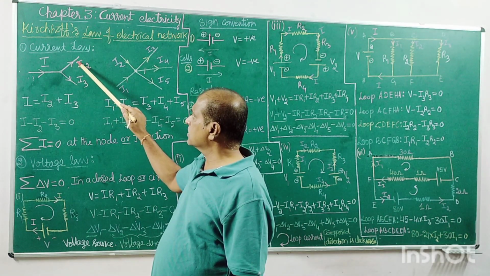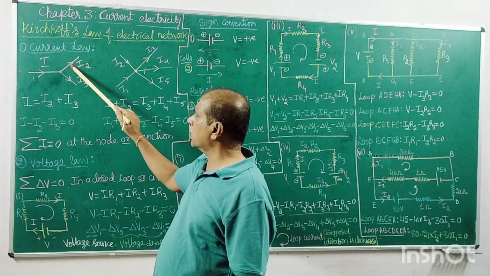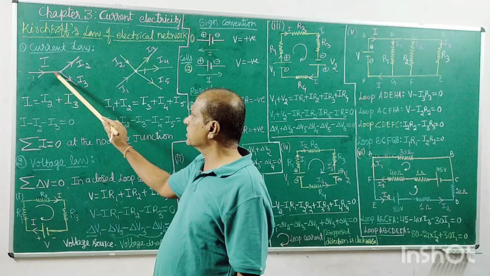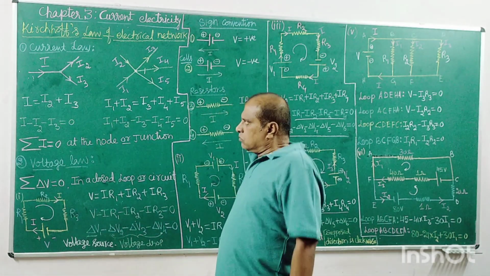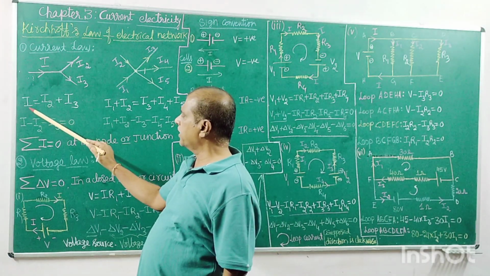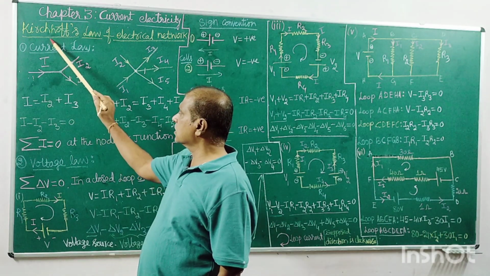The current leaving is I2 and I3. That is, total current leaving is I2 plus I3. Total current entering is I through only one conductor. That is always equal. Current entering is equal to current leaving. That is Kirchhoff's law.